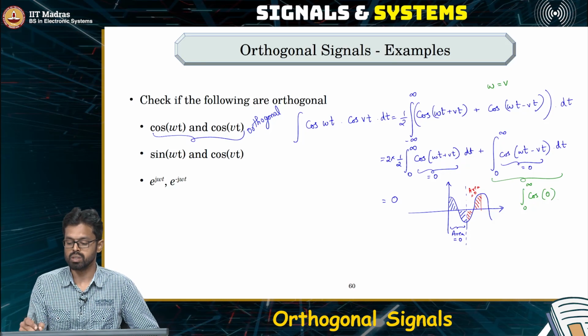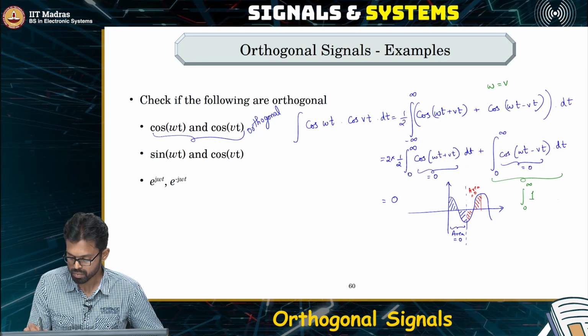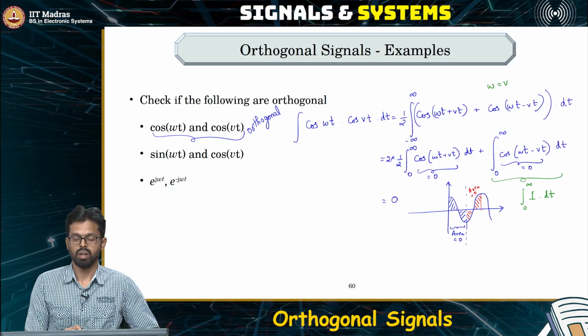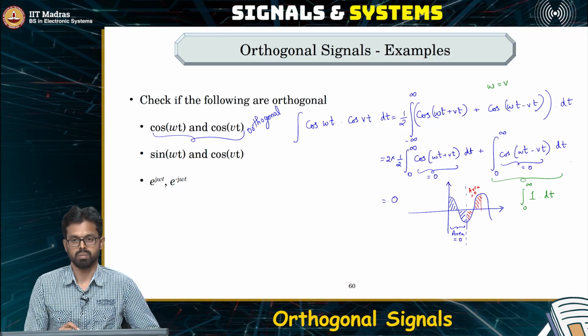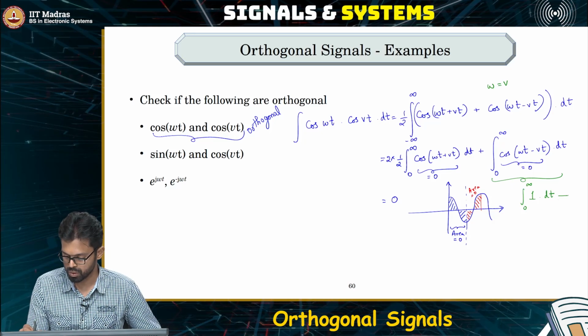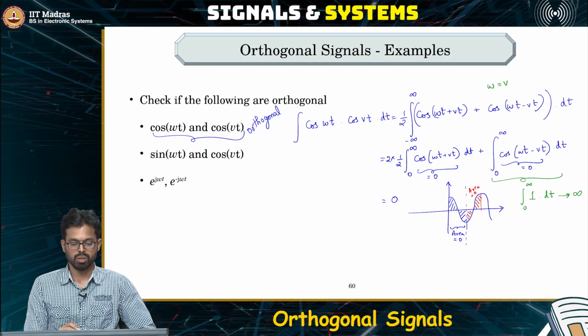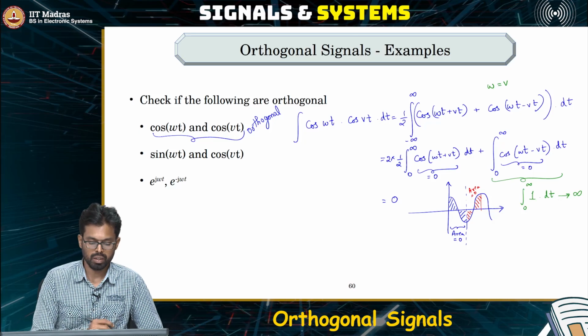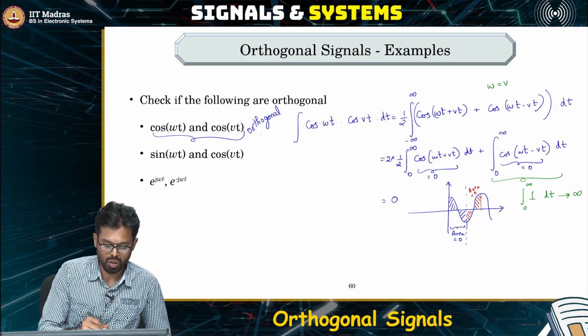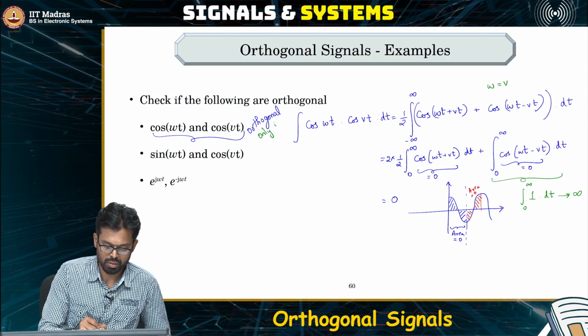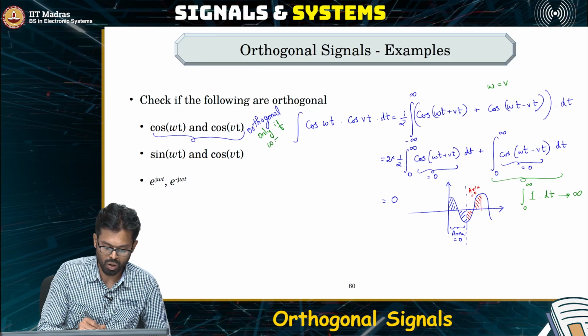Cos 0 we know is 1. So this value will go to infinity. So when you take this integration, this will go to infinity, which is not 0.